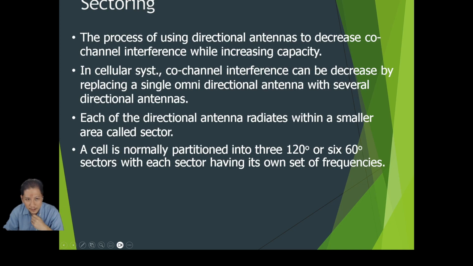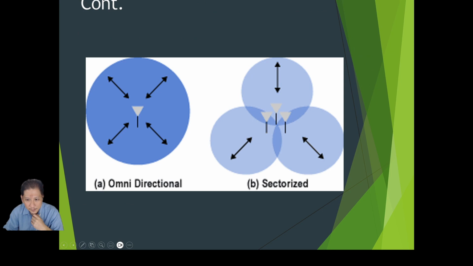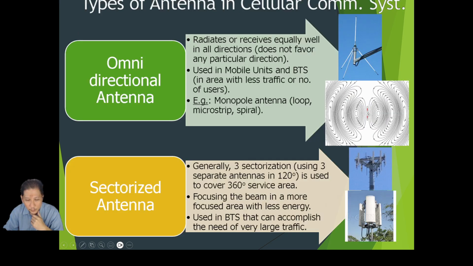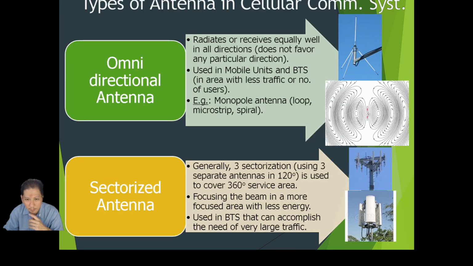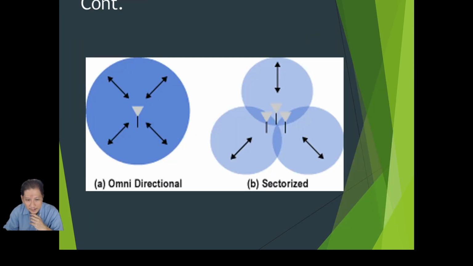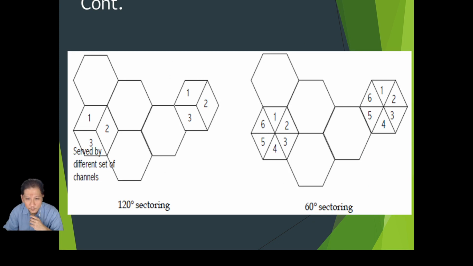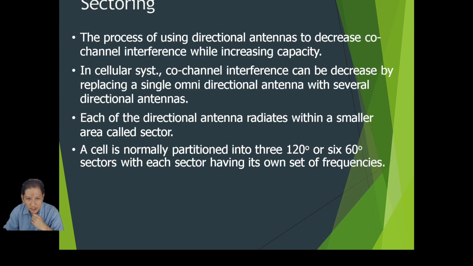Okay, and then sectoring, the process of using directional antenna, directional yang ni lah. Omni, sectorized, directional maksudnya one way dia bukan dua ni, only directional. Okay, sectoring, each of the directional antenna within a smaller area called sector.